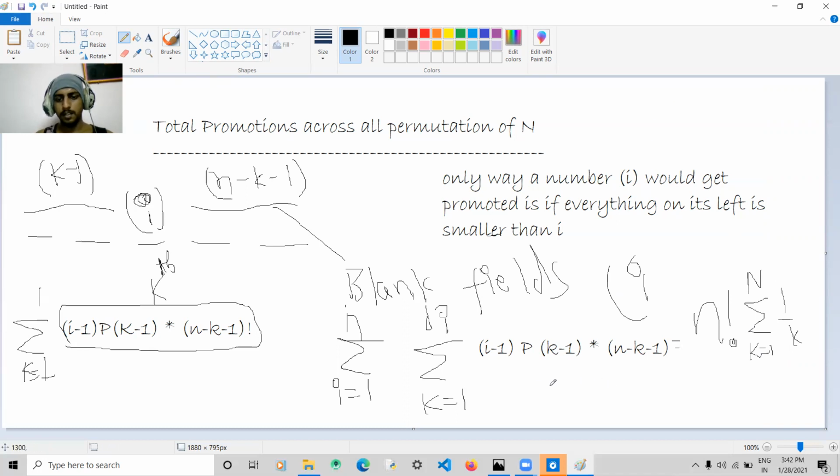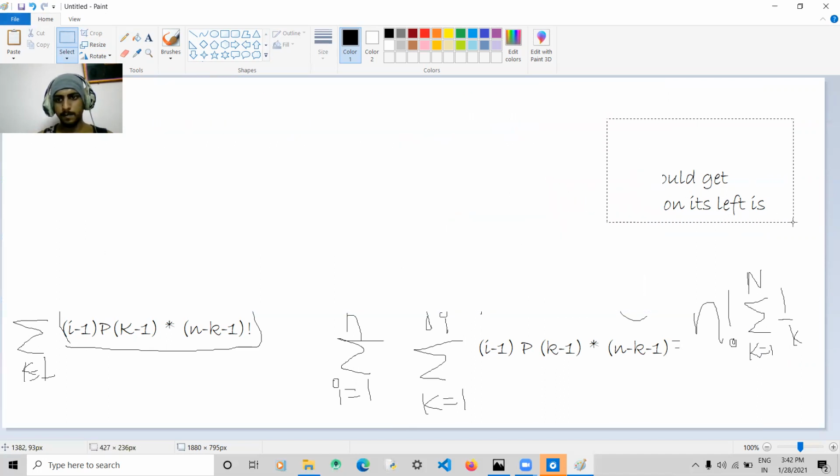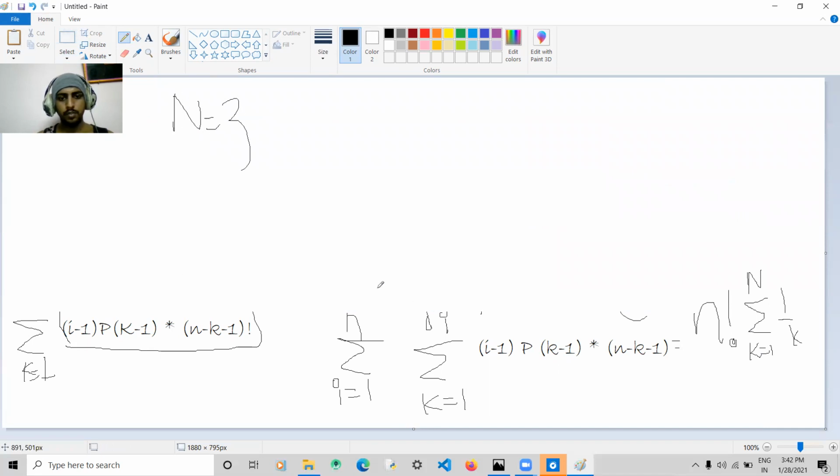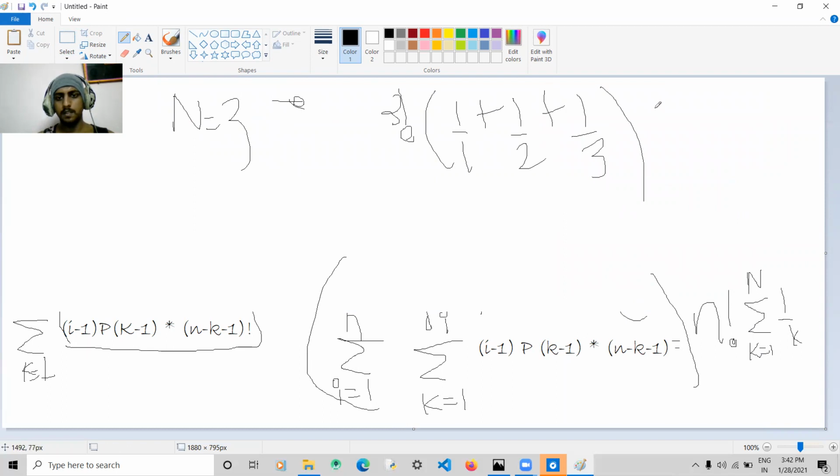For n equals 3, when you solve this, you will get 3 factorial times (1 by 1 plus 1 by 2 plus 1 by 3), which will be 6 plus 3 plus 2, or 11. And if you divide by 3 factorial, you get your answer.